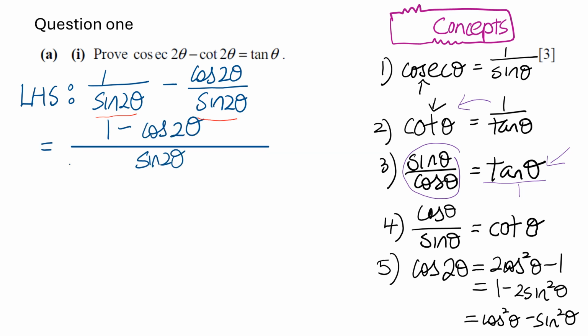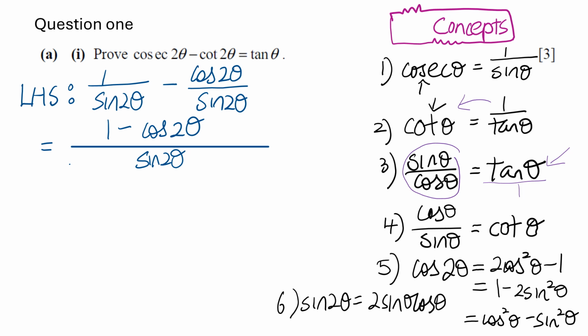Right. So what we need to do now is we need to make a decision. And that decision is we need to rewrite cos 2 theta. So there are 3 options here.